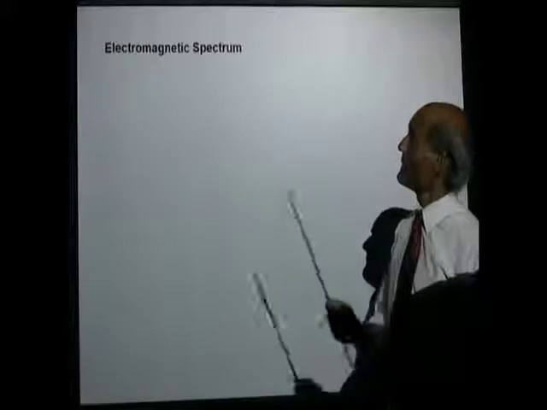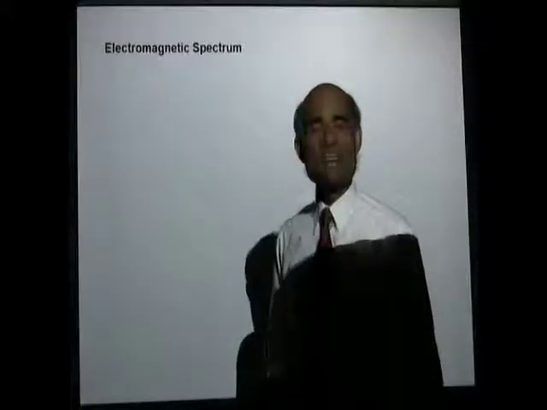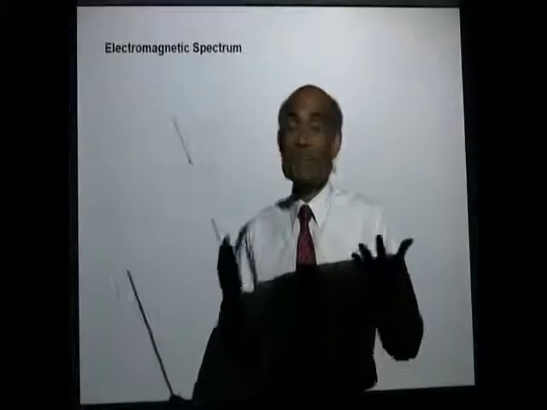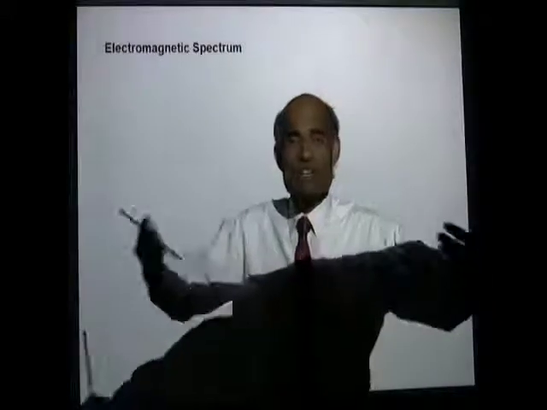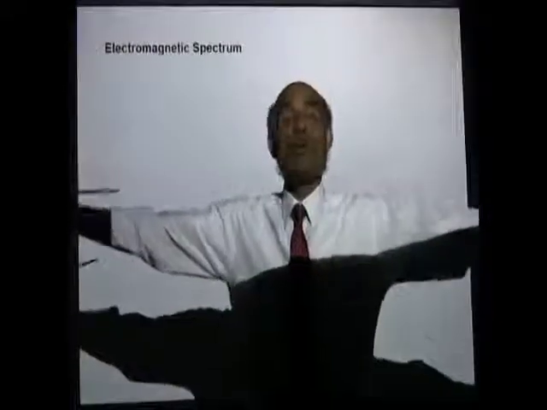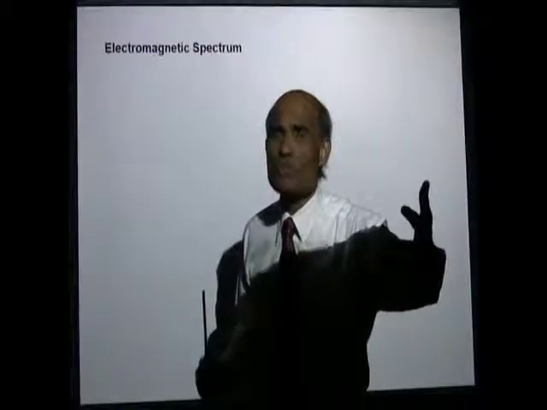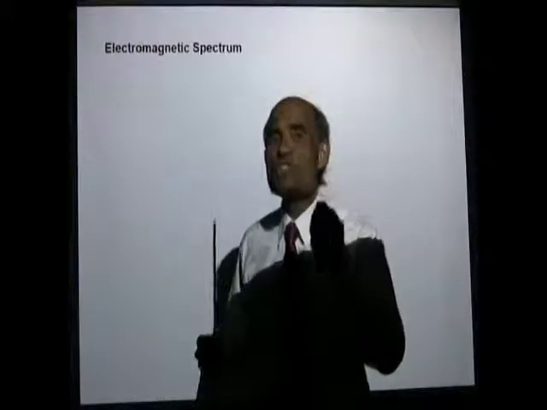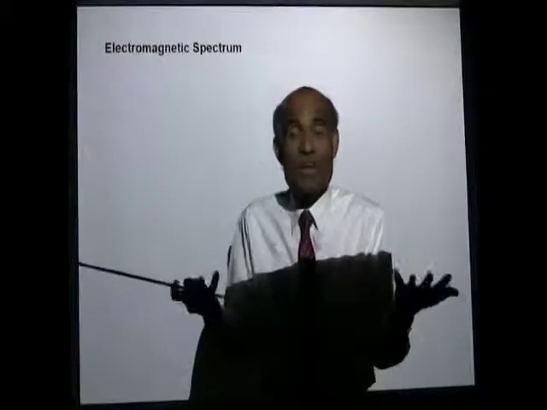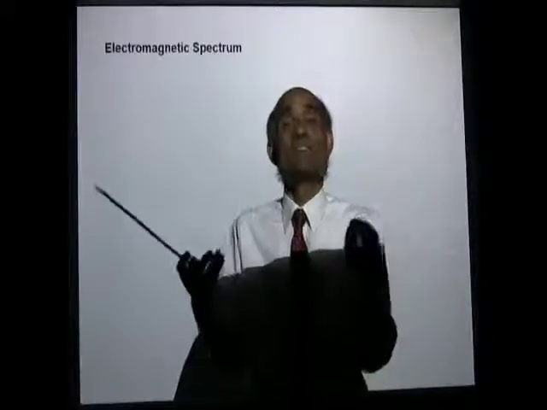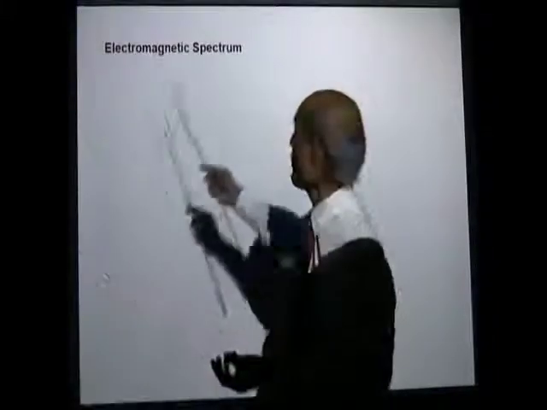Okay. How about the electromagnetic spectrum? The electromagnetic spectrum is actually a collection of all forms of electromagnetic waves. Now, I think in the discussion on thermodynamics, we talked about the radiation that is emitted by all objects. All objects at all temperatures emit radiation in the form of electromagnetic waves.